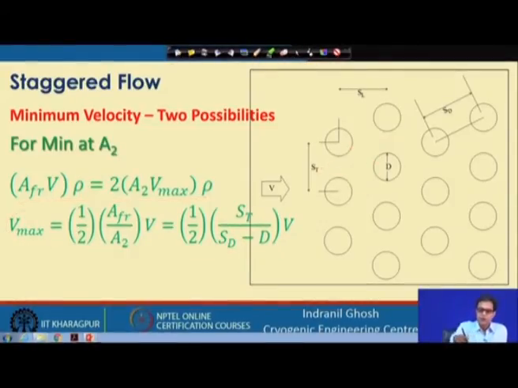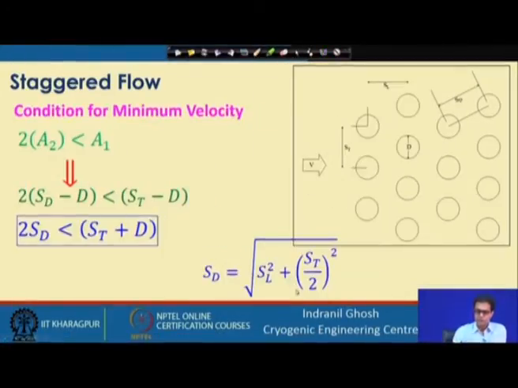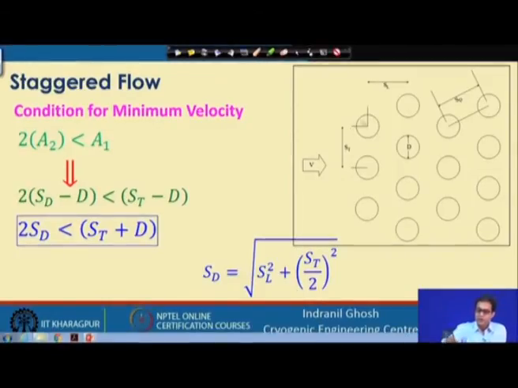And when will it happen? What is the condition? This is A2, and this is also A2, and if twice A2 is smaller than A1, then only do we have the maximum velocity occurring at this location.